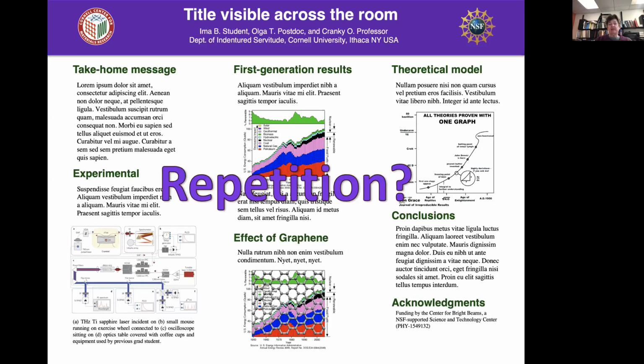Is there repetition? Yes, there's lots of repetition. We have exactly the same header form for each one of these headers, so the headers pop out against the rest of the poster. You're using the same font for the title as for the headers, same font for the text through all of the text in here.